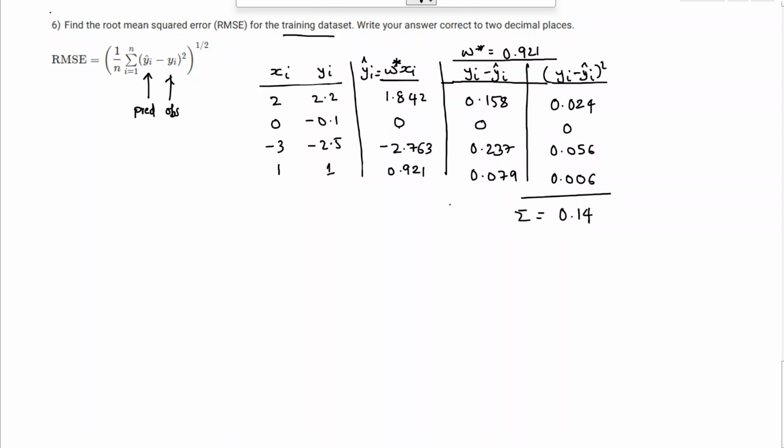In that case we can write that the root mean squared error would be 1 by 4 times 0.14, because there are 4 data points, to the power 1 by 2. This is the same as 0.035 to the power 1 by 2, which would be equal to 0.187. This is the answer to the question.